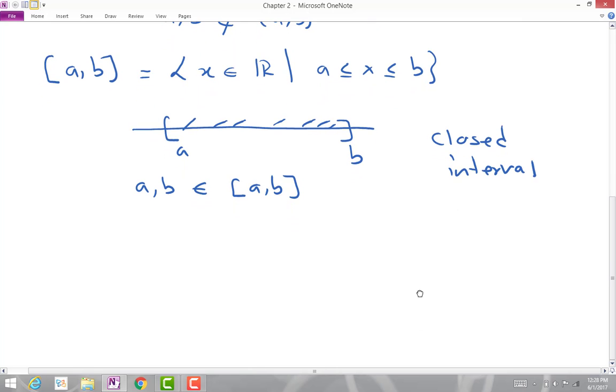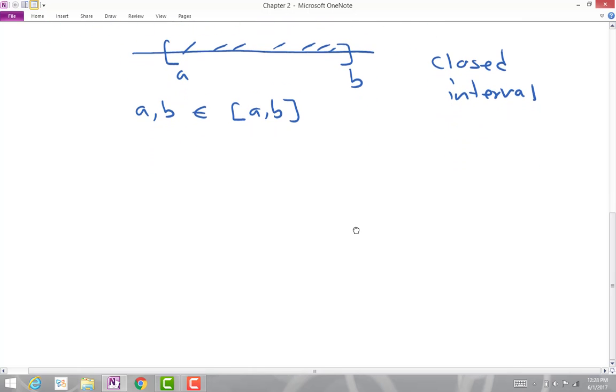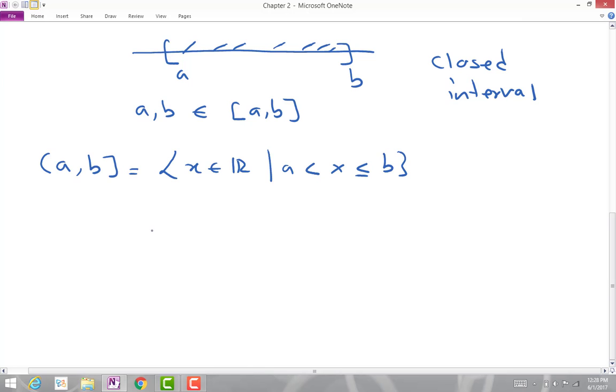And then we have other types of intervals. We can define a left open and right closed interval: x in R such that a is strictly less than x, and x is less than or equal to b. In this case, the left endpoint is open and the right endpoint is closed.